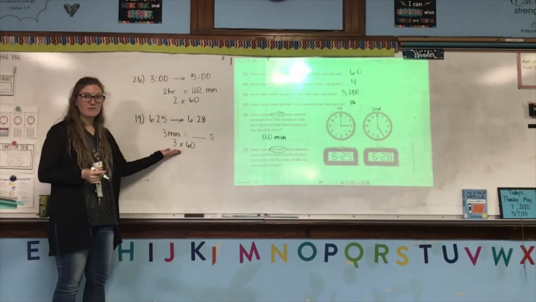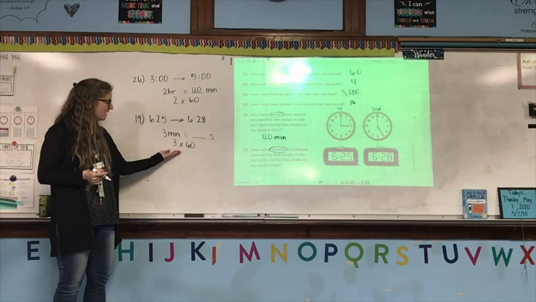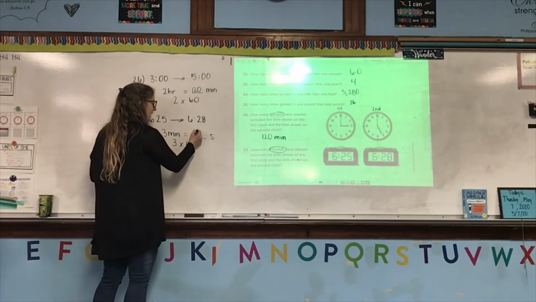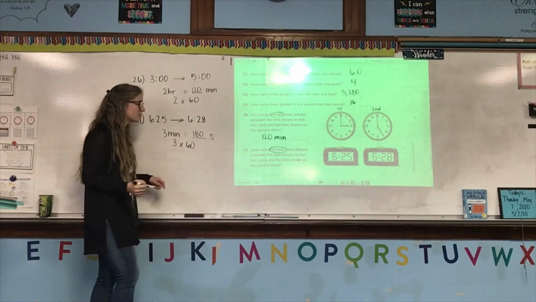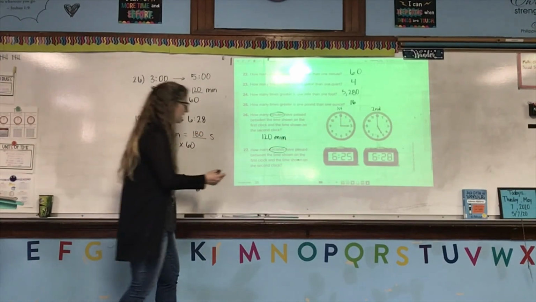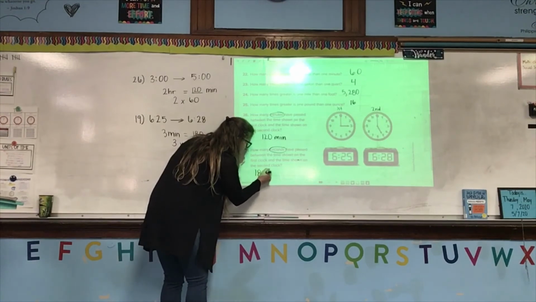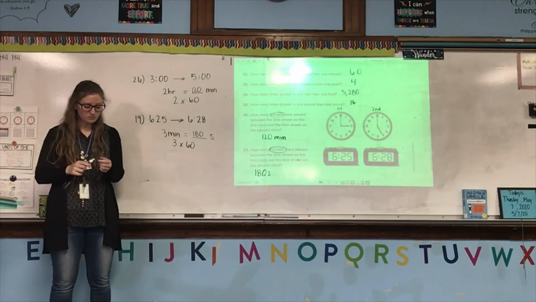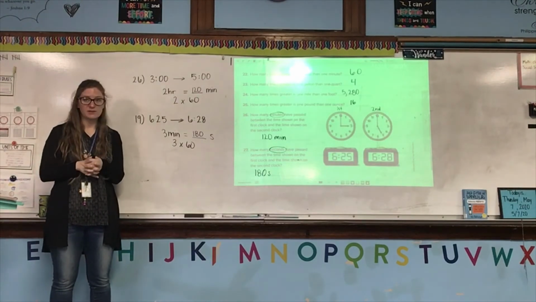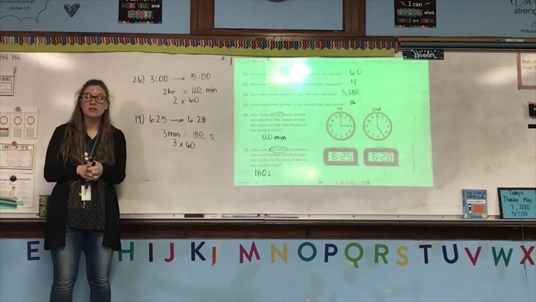We have a problem where we can use basic facts and patterns. 3 times 6 is the basic fact. That equals 18. Put this 0 at the end of the factor, which means that 180 seconds have passed.